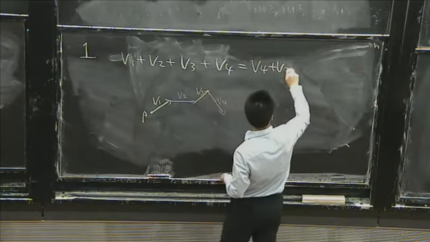So let's just add v4 first, starting from the same initial point. So v4 is here. v3, v2. It's getting easier.